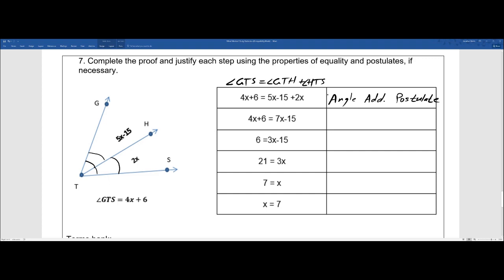So that's the angle addition postulate. So we're just setting them to that because we know this whole big guy, this big angle GTS, is comprised of these two smaller ones, okay? And really we just add them up together. All right.